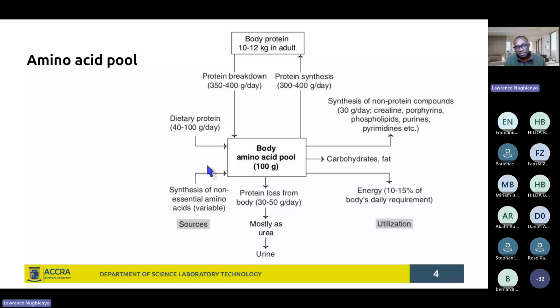The essential amino acids are the ones which we get from diet, because the body cannot synthesize them. So we have to get them from food. The non-essential amino acids can be synthesized in the body. So that's another source of amino acids going into the amino acid pool: either dietary protein, or the synthesis of non-essential amino acids.